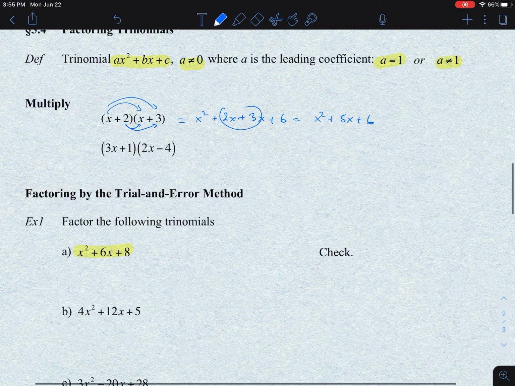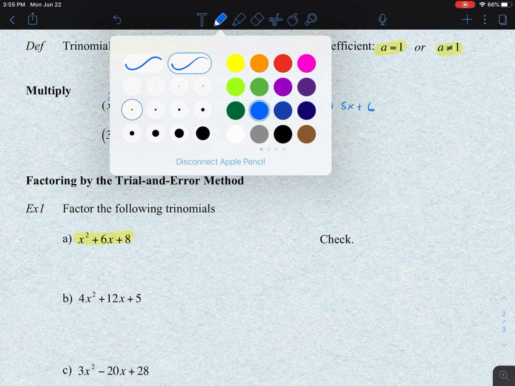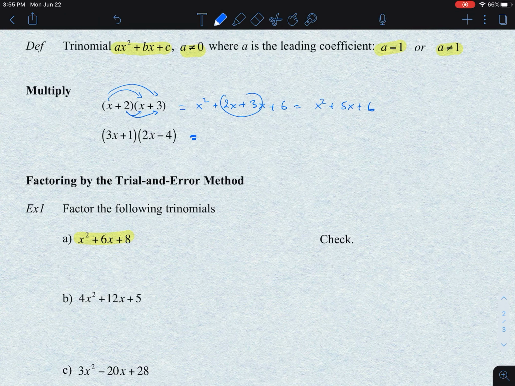Same thing here, we can multiply this as well. So that's 6x squared minus 12x plus 2x minus 4, which becomes 6x squared minus 10x minus 4. When we go from left to right, we are multiplying to get the polynomial.